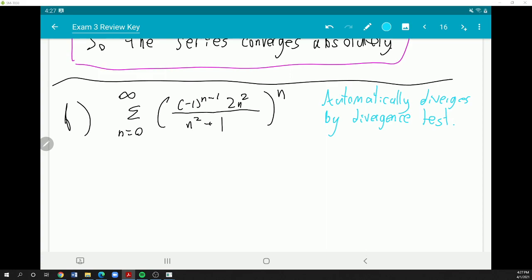But, in fact, let's pretend like we didn't notice that. So let's look at this and say, okay, I don't know if this should converge or diverge, so let's use the root test.